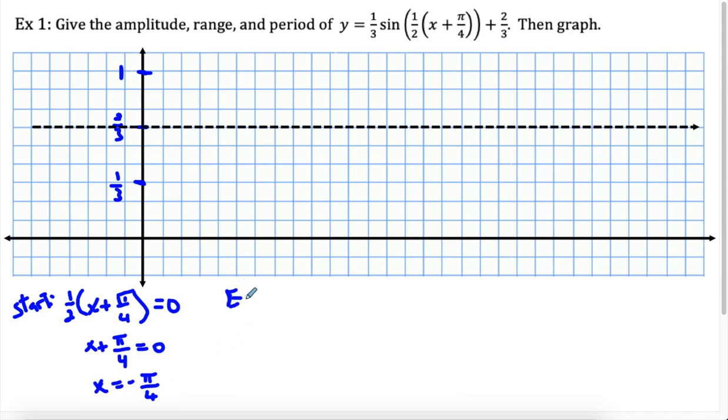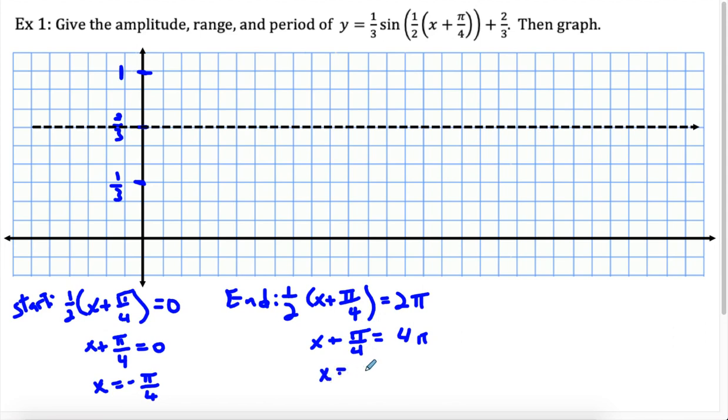And for my ending x value, we want to take that inside part and set that equal to 2 pi. So multiply both sides by 2 and subtract pi over 4. Thinking in terms of fractions, we could say this is 16 pi over 4 minus 1 pi over 4, which would be 15 pi over 4.